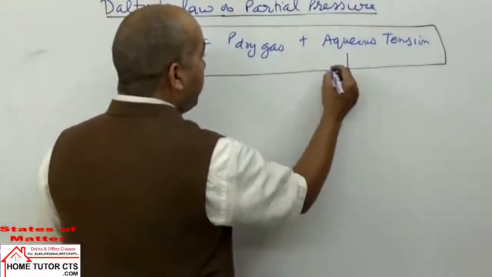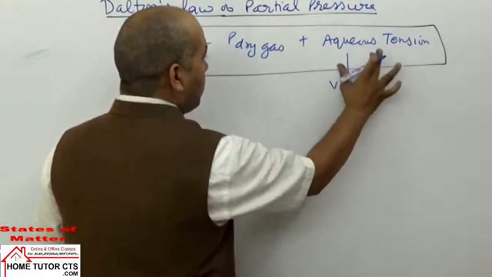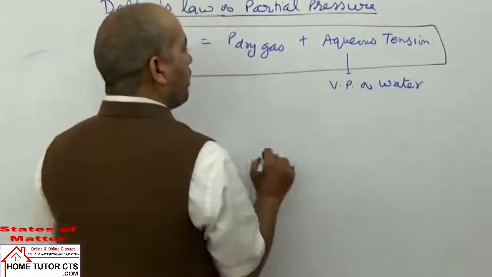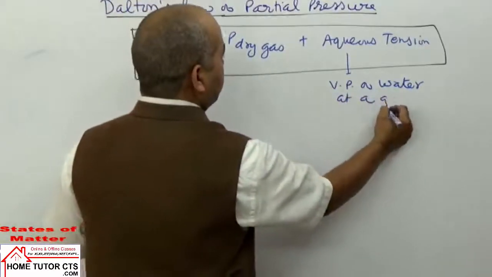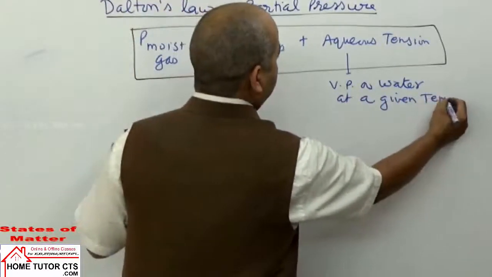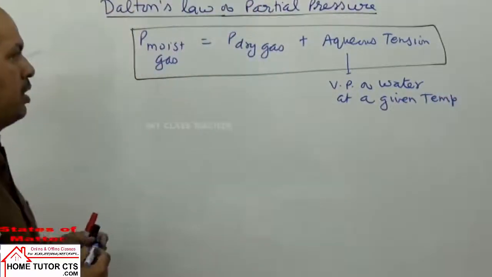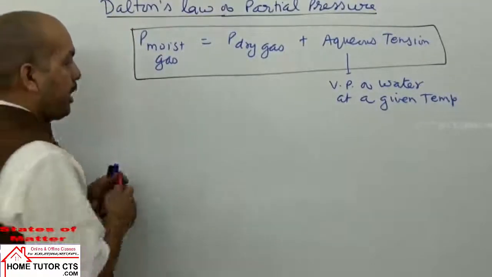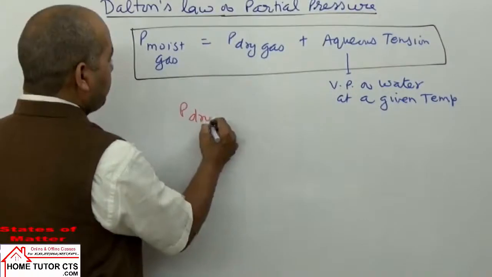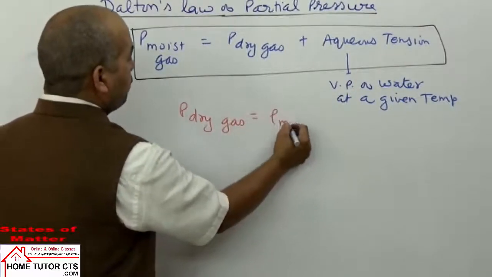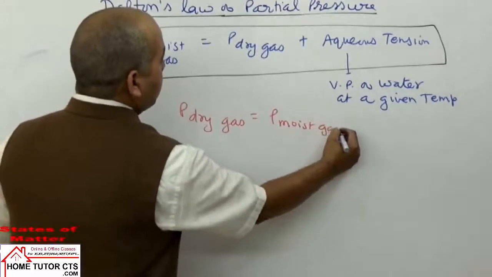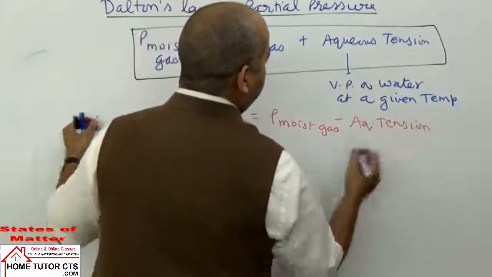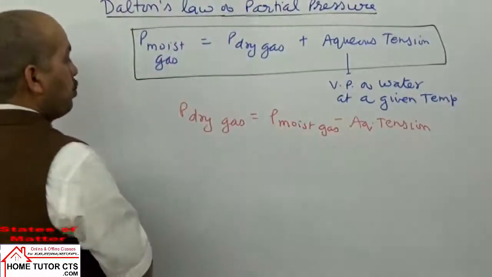Aqueous tension can be taken the same as vapor pressure of water at a given temperature. The vapor pressure will be the same. That is called aqueous tension. So from here we can find the pressure of dry gas will be pressure of moist gas minus aqueous tension. This relation we can use for calculation of pressure of dry gas.